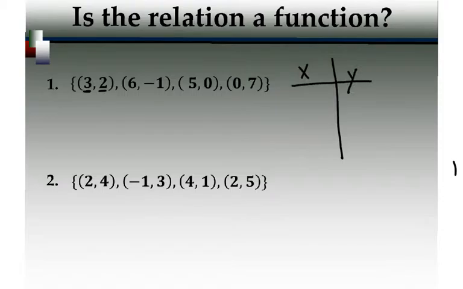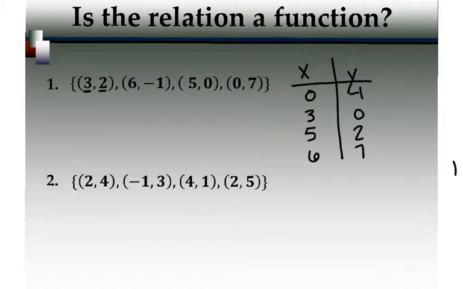And then I'm just going to put my x values in order because I like to do it that way. You don't have to. And then my y values in order. And then draw the lines that correspond to each of these numbers.